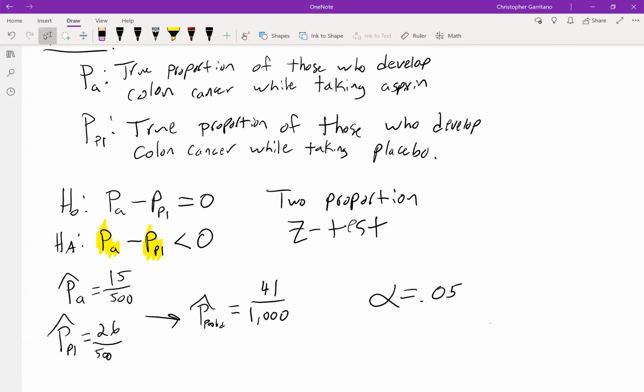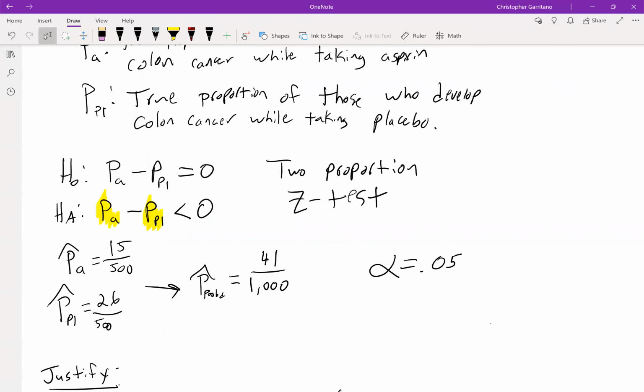All right. Now, in this situation, this is the hypothesis test where we use P hat pooled. P hat pooled is going to be our approximation for PA and PL, right? We're assuming that PA is equal to PL. That's what the null hypothesis is saying.